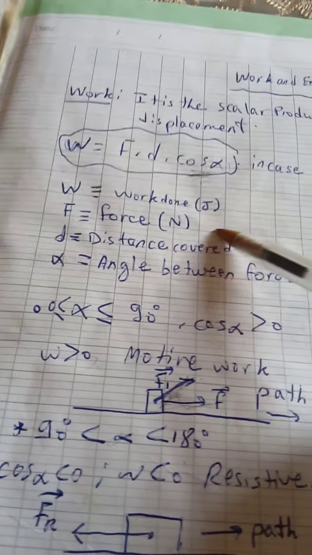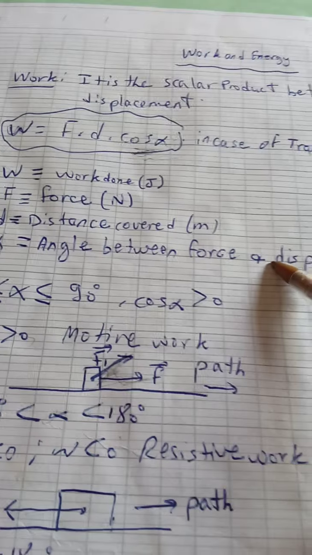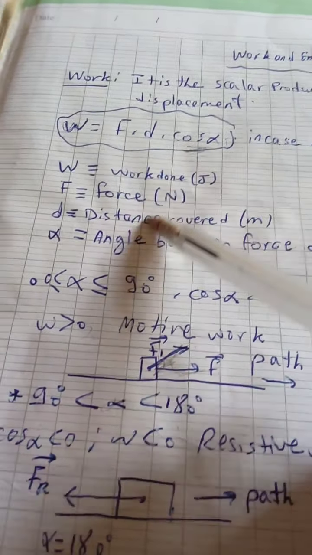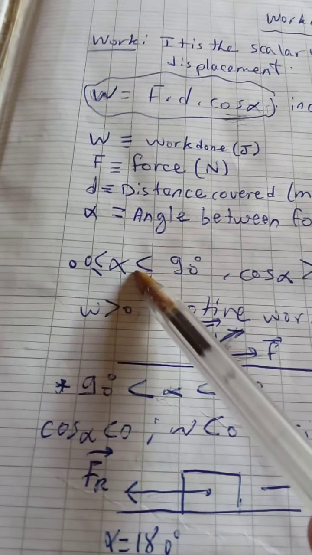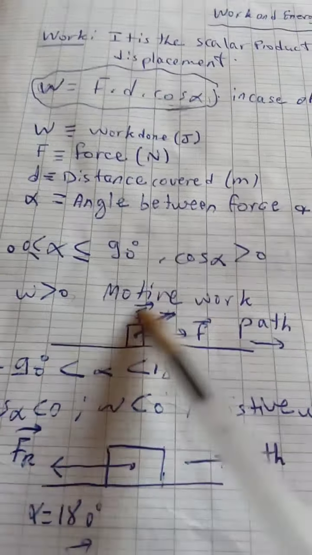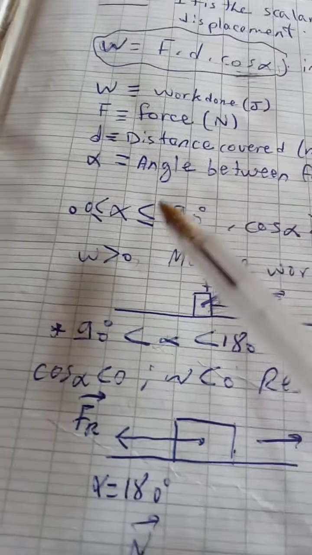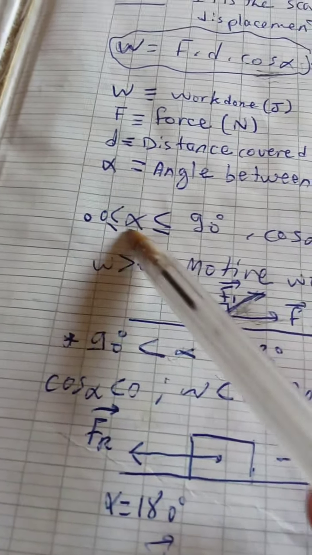Here are the symbols and the units of every force and work. Then we have alpha, and the path plays a role. Let's begin with the first one: alpha between 0 and 90.